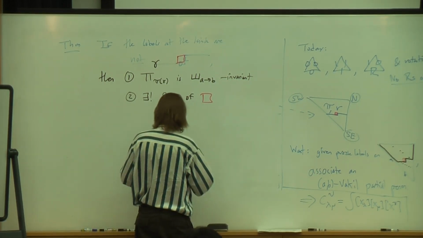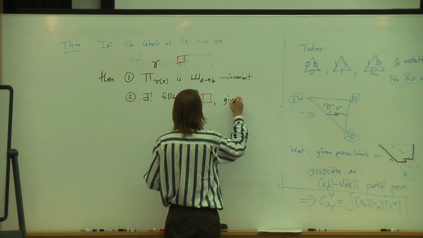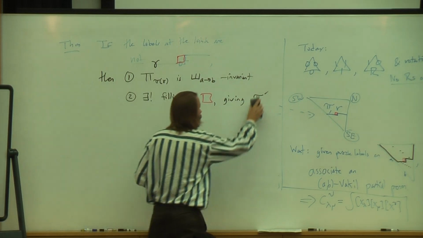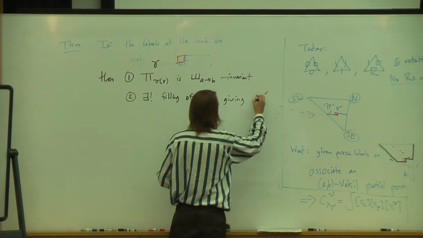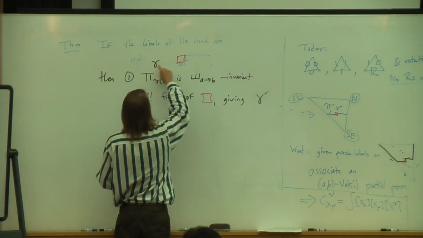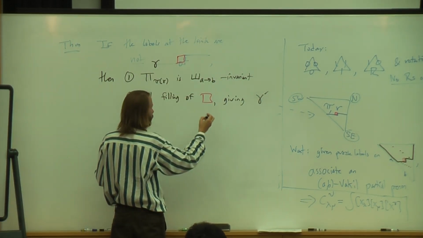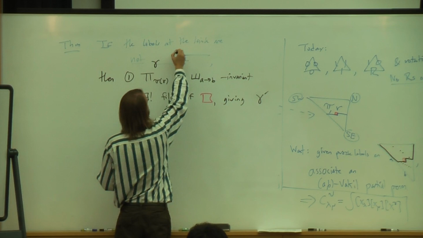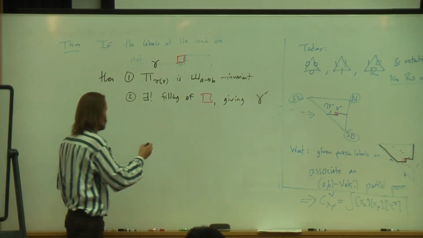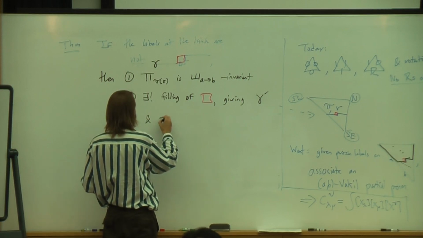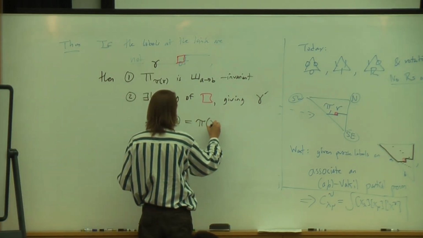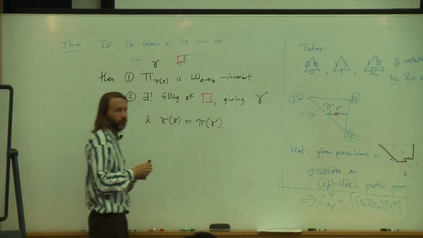And once we filled it, we get some new puzzle path. So gamma went underneath the box, and gamma prime goes over the box. And it's got these two new labels there. And the permutation associated to gamma matches the permutation associated to gamma prime.